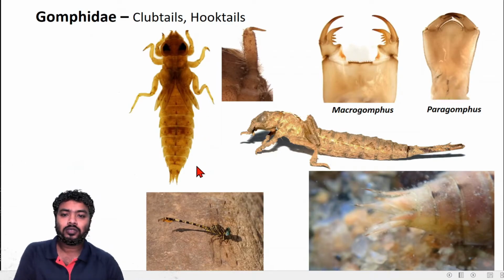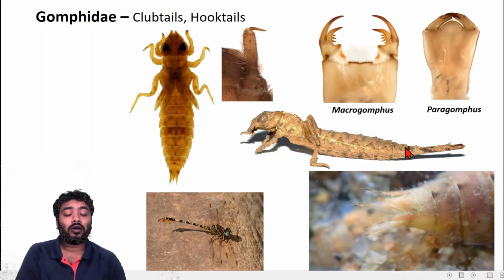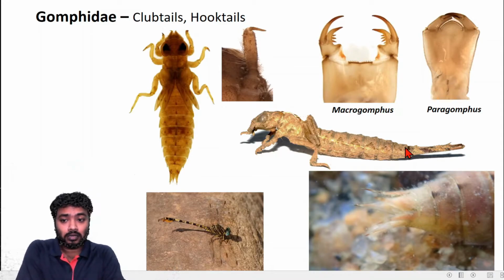Okay, so this is one Gomphidae. This one is also one Gomphidae. But what is the difference between them? The length of the 9th segment. See here, the 9th segment is very long in this species. Why so? Because they are burrowers. They always burrow under the soil or under the sand, but they need to keep their pyramid outside the sand.